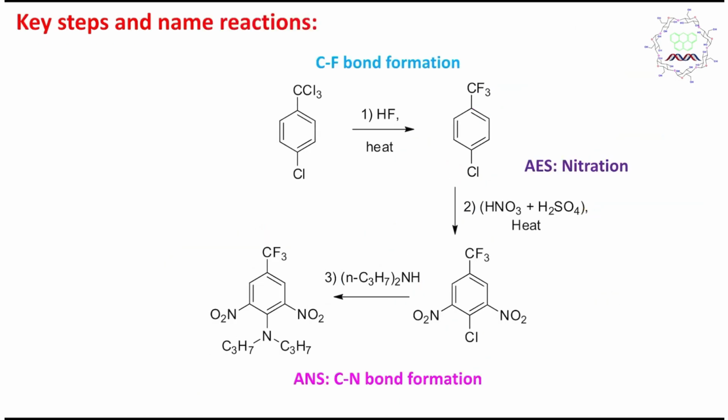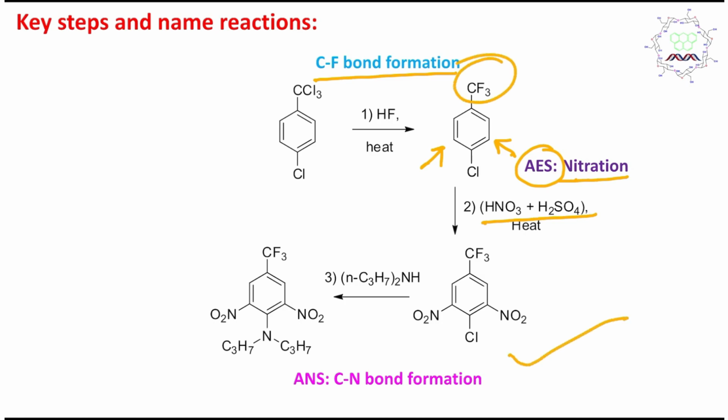So here, if you look at the key steps and name reactions associated with these processes, the first step is C-F bond formation by replacement, or substitution. Chlorine is substituted by fluorine, producing this CF3 group. Second step, aromatic electrophilic substitution, or more specifically nitration using mixed acid, and here this nitration is position specific: ortho with respect to the 2 chlorines and meta with respect to CF3.